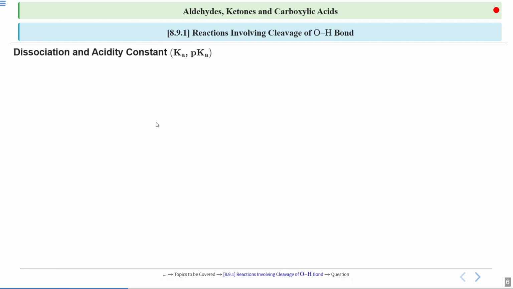Now we will start with the topic of dissociation and acidity constant: dissociation constant, which is Ka, and acidity constant, which is pKa. Carboxylic acids dissociate in water. This means that they break apart into ions when dissolved, and this is a key characteristic of acids.